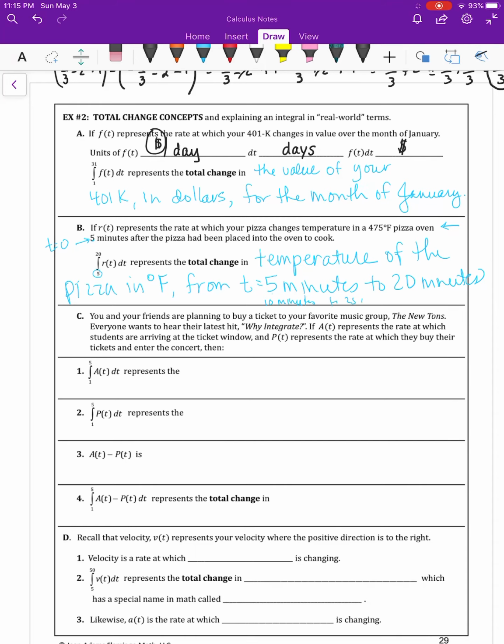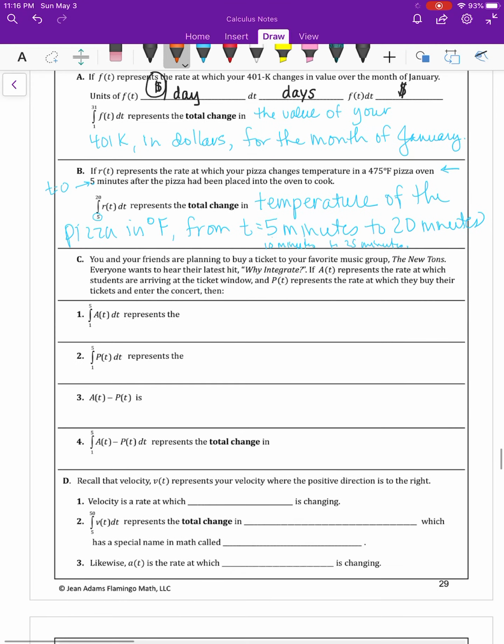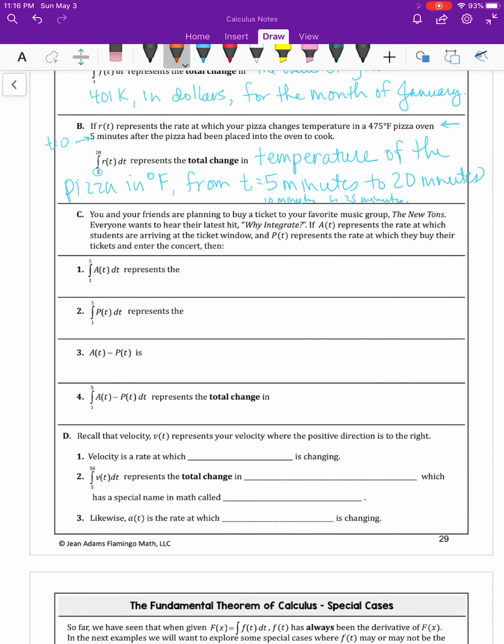So I don't think this was worded so wonderfully, but if it did mean that, then this would have been from 10 minutes, because you'd have to add a 5 onto each of these, to 25 minutes. I did put a little note there that I felt like that wasn't worded so great. So you just want to be careful. Hopefully they will word it better in the future on your homework and things like that.